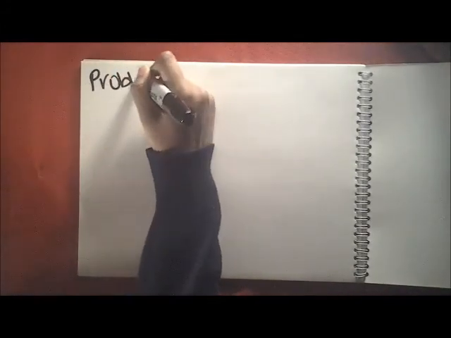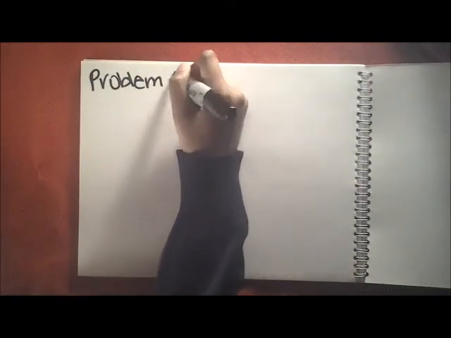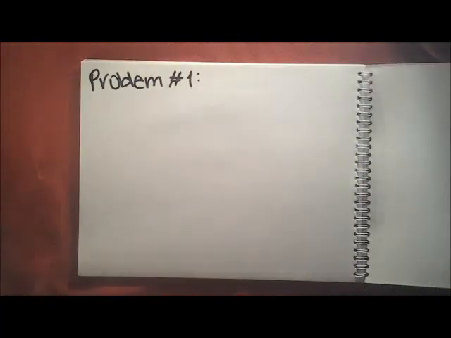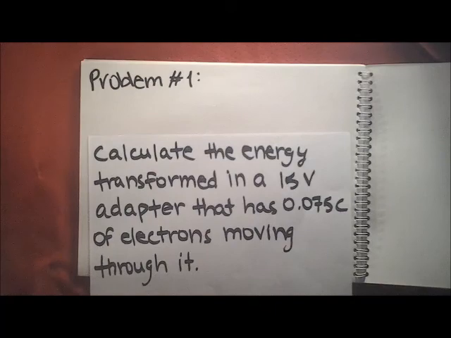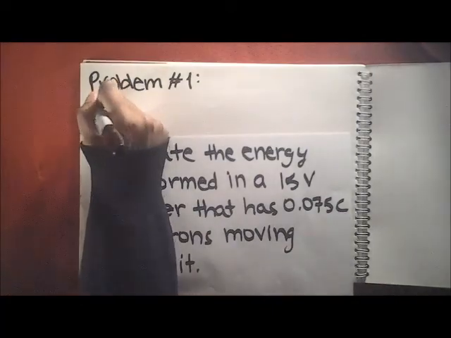Now we can start on our first problem. Calculate the energy transformed in a 15-volt adapter that has 0.075 coulombs of electrons moving through it. First, we write what is given to us.